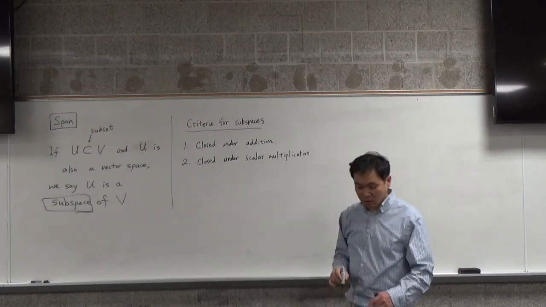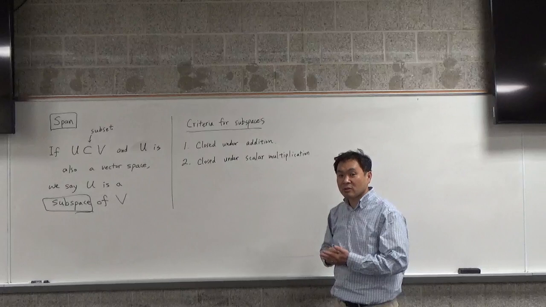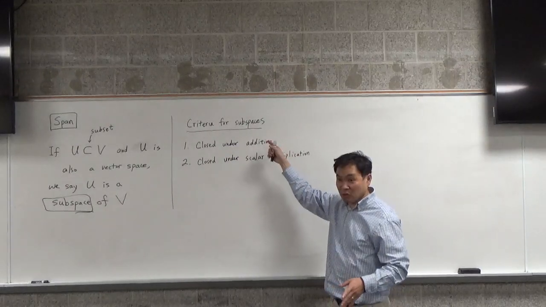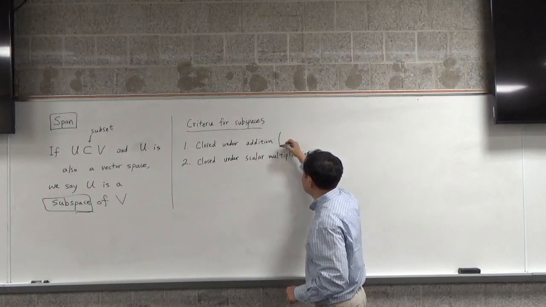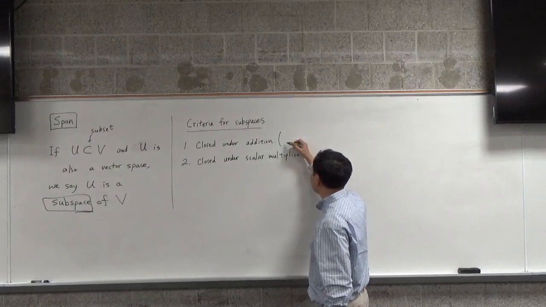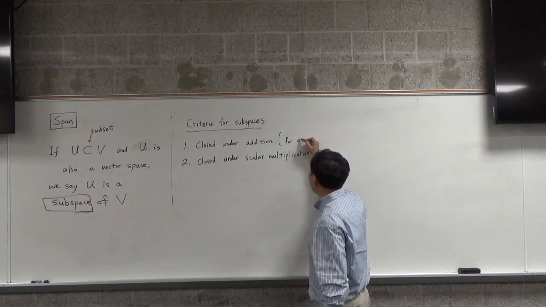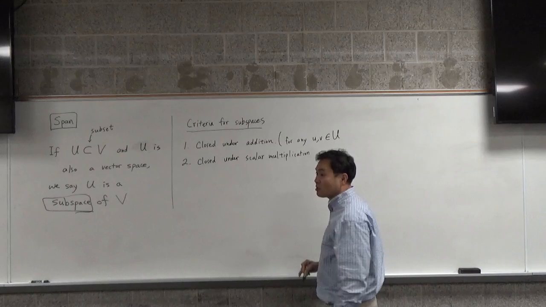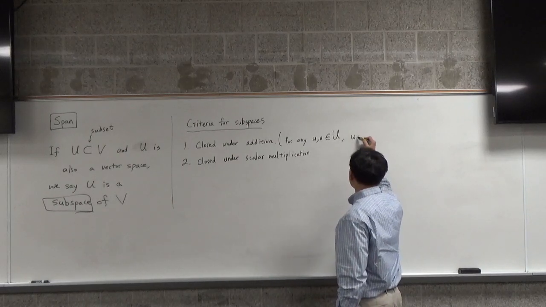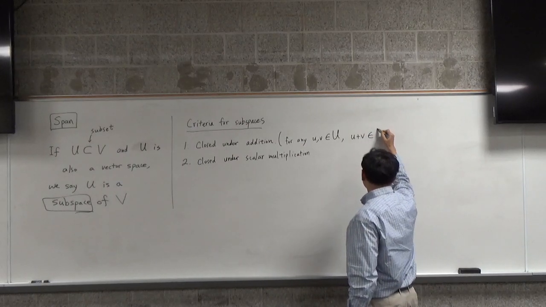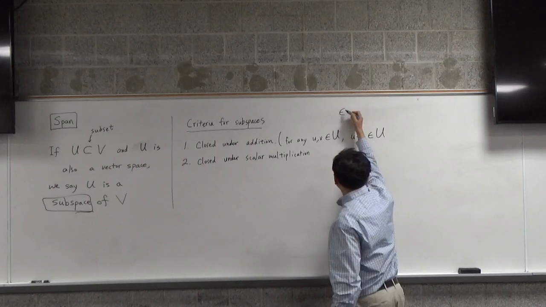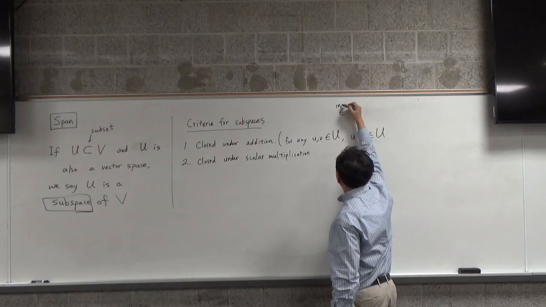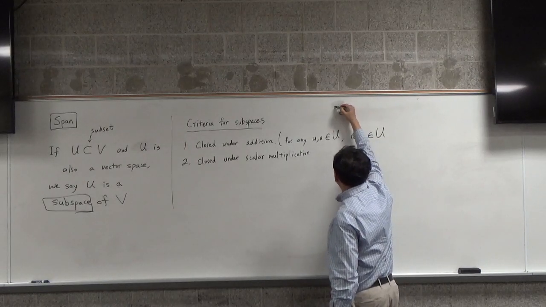So in other words, if you have a subset and you take any 2 elements from the set, the sum is still in the same set U. Closed under addition means that for any u, v in this subset U, u plus v is again in U. It's this pitchfork looking thing that means included in, or an element of.